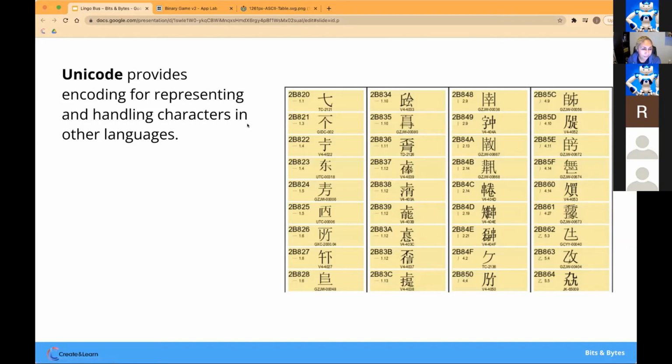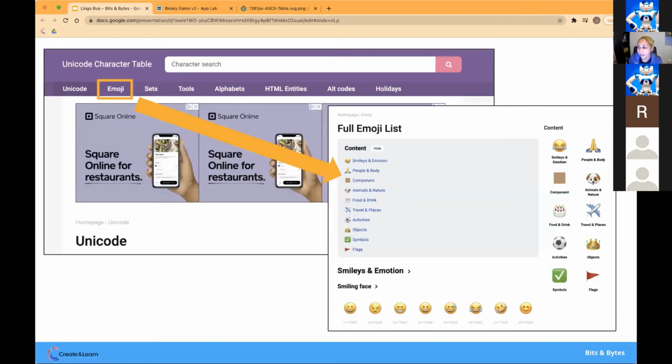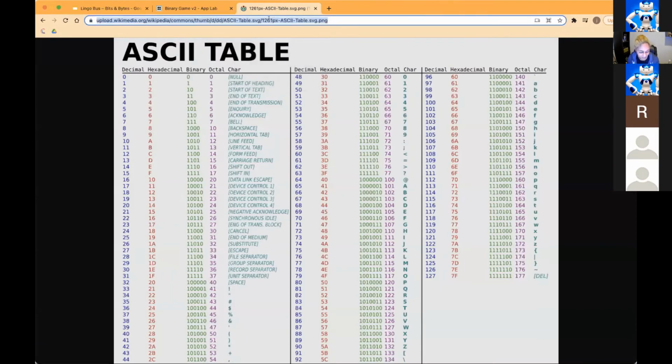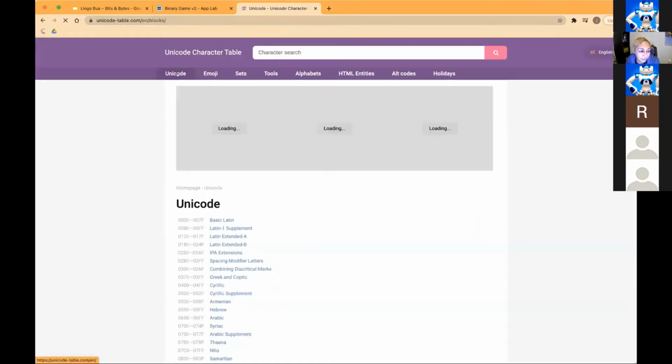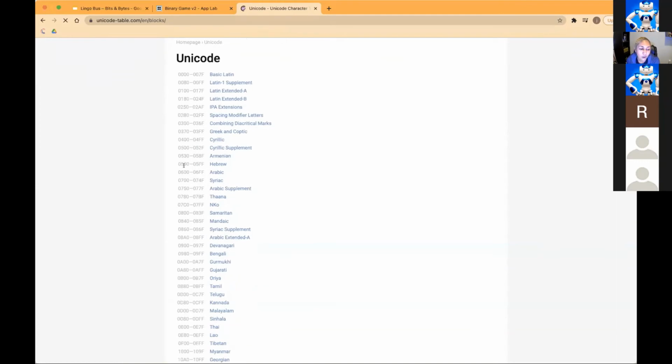So if you're curious, this link that I'm putting in the chat will give you the entire Unicode table for a whole bunch of languages.